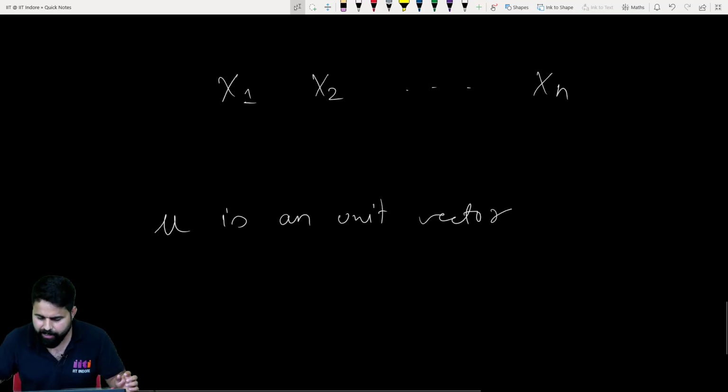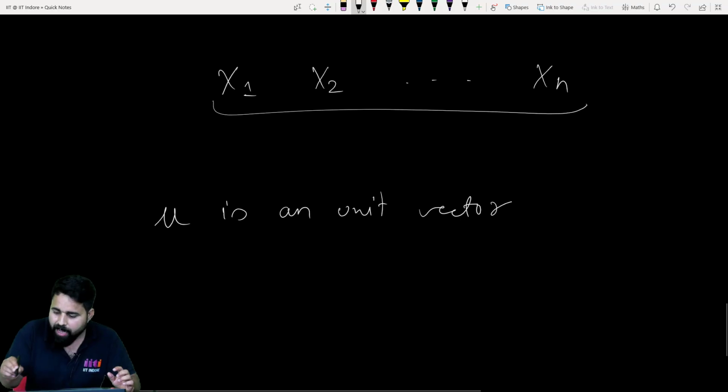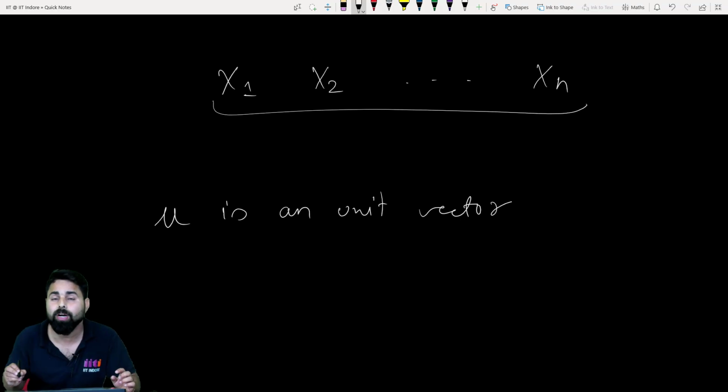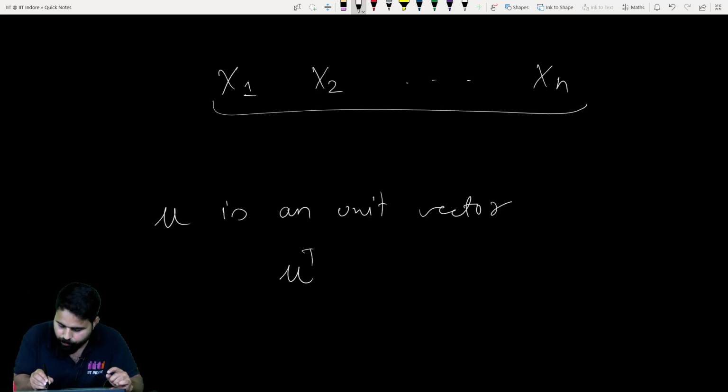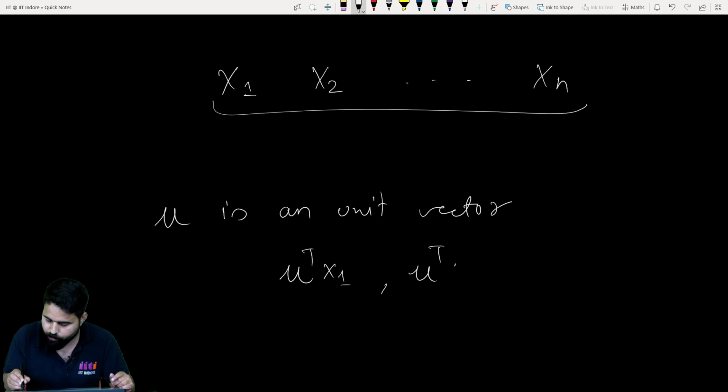How can we write it in a very concise form? When you project x1 on u, what will be the alpha? Alpha will be nothing but u transpose x1. Similarly, when you project x2 on u, it will be u transpose x2, and so on, up to u transpose xn.